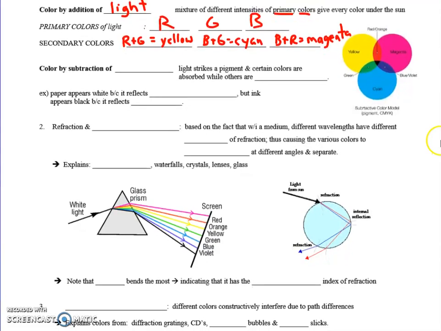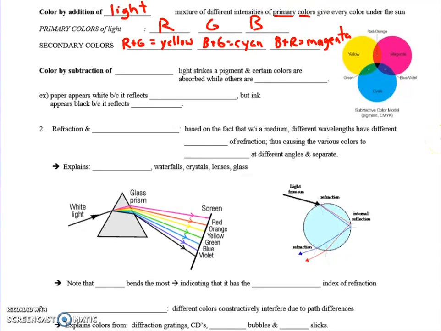All right, we're more interested with the pigmentation, which is color by subtraction of light. Okay, and that's also with filters. The idea is light strikes a pigment. Pigments themselves do not have color. The molecules that make up the pigment or the dye do not have color.